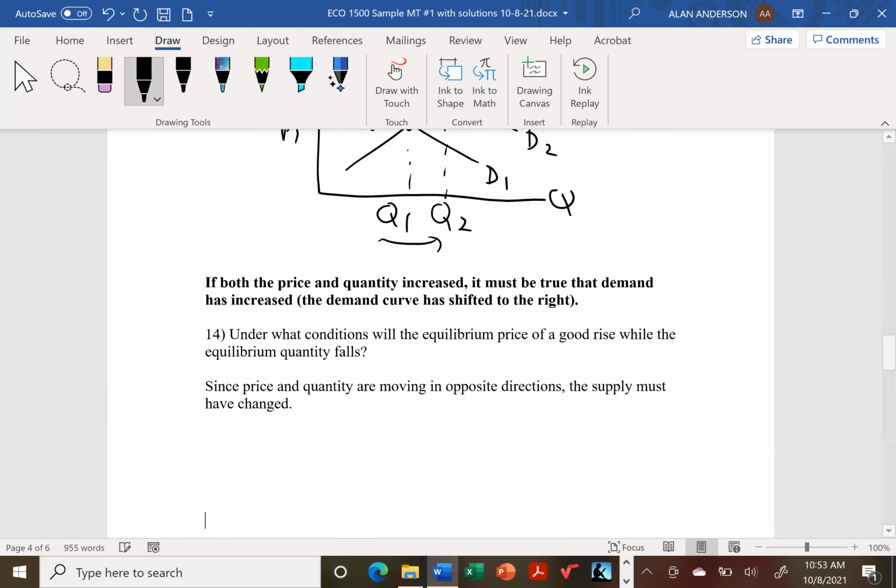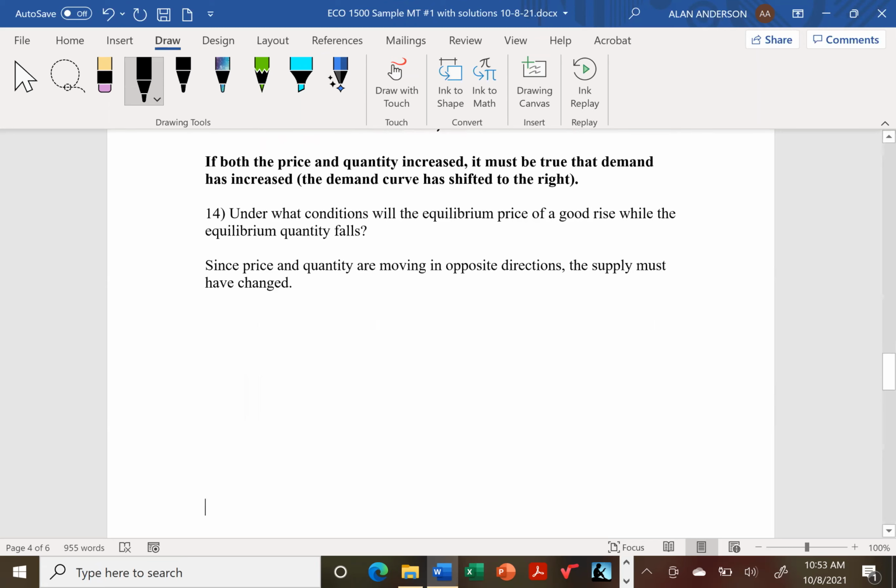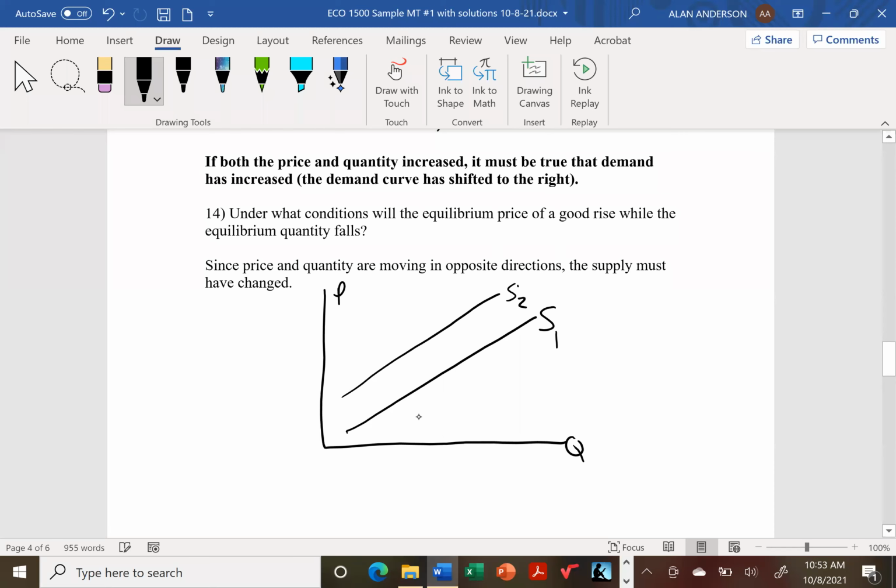All right, so let's try, and you know, if you're not sure, you can try them both. Let's just say that the supply decreases. Let's see what happens. My suspicion is that that's what we're looking for. So we go from here to here.